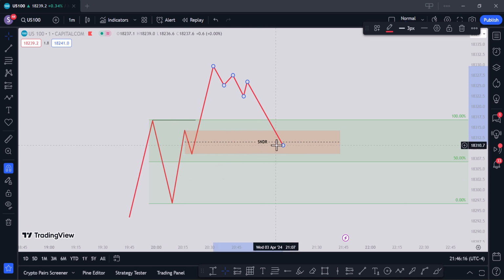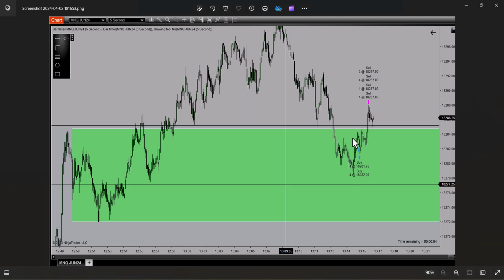So I knew that price is likely to give us a reaction from this SNDR, right? And also I'm expecting price to come back all the way to mitigate zones from here, right? So that's the first indication that I knew that this is not the market structure shift that's going to change the entire trend, this 1 minute, or I'm sorry, this 5-second bearish trend.